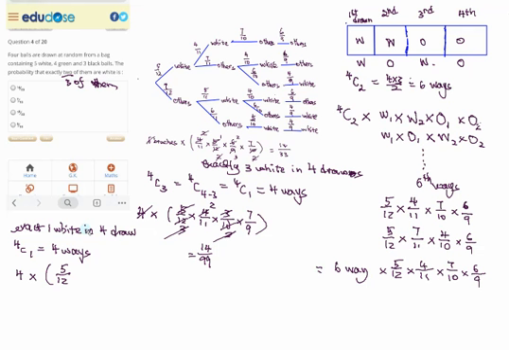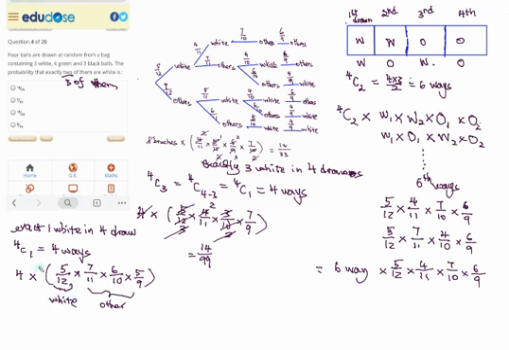The other 3 are all non-white. So if we start out with 7 over 11 times 6 over 10 times 5 over 9, these are all other colors. This one is white color.